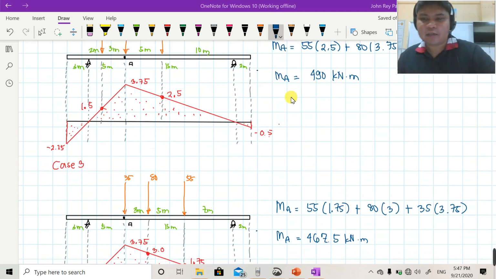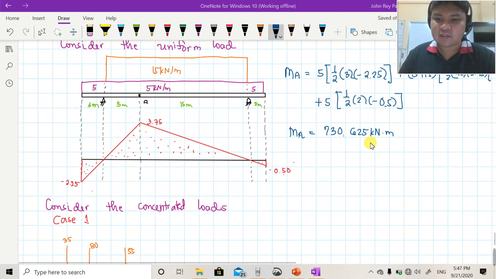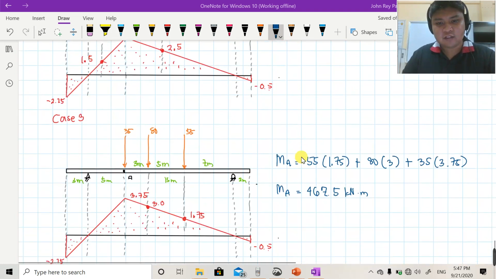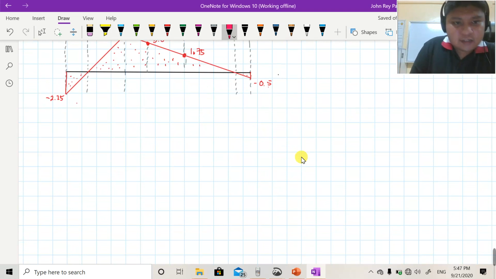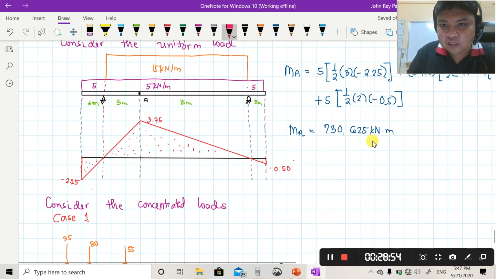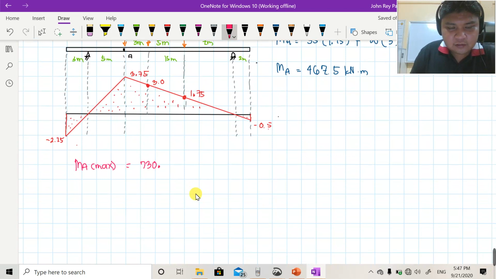Pero alam nyo naman that this is just only with respect sa concentrated loads lang. So, dapat i-add pa rin natin siya class ni 730.625 para mahanap nyo talaga yung maximum moment at A. So, ganun lang yun, di ba? So, therefore, lagay na natin class that MA max ay equal sa 730.625 plus 490.